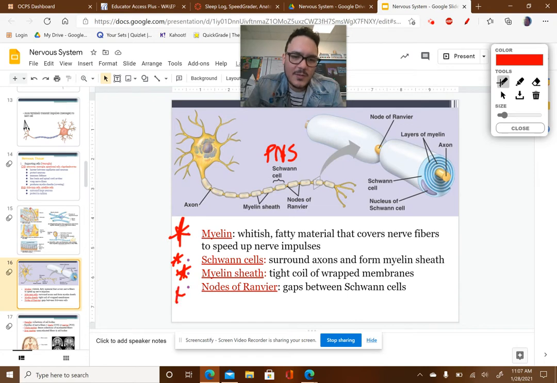Now, this is interesting. You'll see how there's gaps in between each myelinated region. If we just said that myelin speeds up the signal, why would you have gaps? Well, we're going to learn this in the next video in more detail, but these areas are known as the nodes of Ranvier, once again named after the individual.